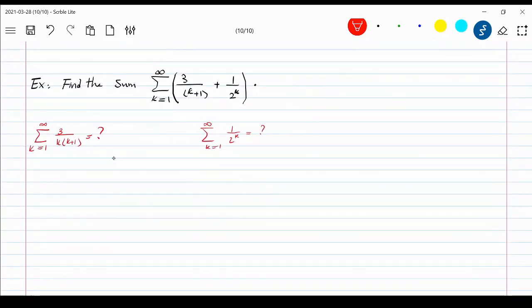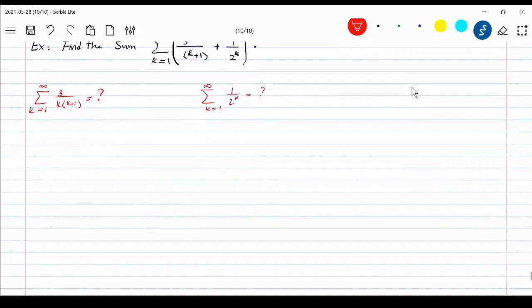Okay, so the first one, we've already talked about it. Actually, we've talked about both of these, but just to remind you of it, the nth partial sum of this series is the same as the sum of 3 divided by k(k+1).